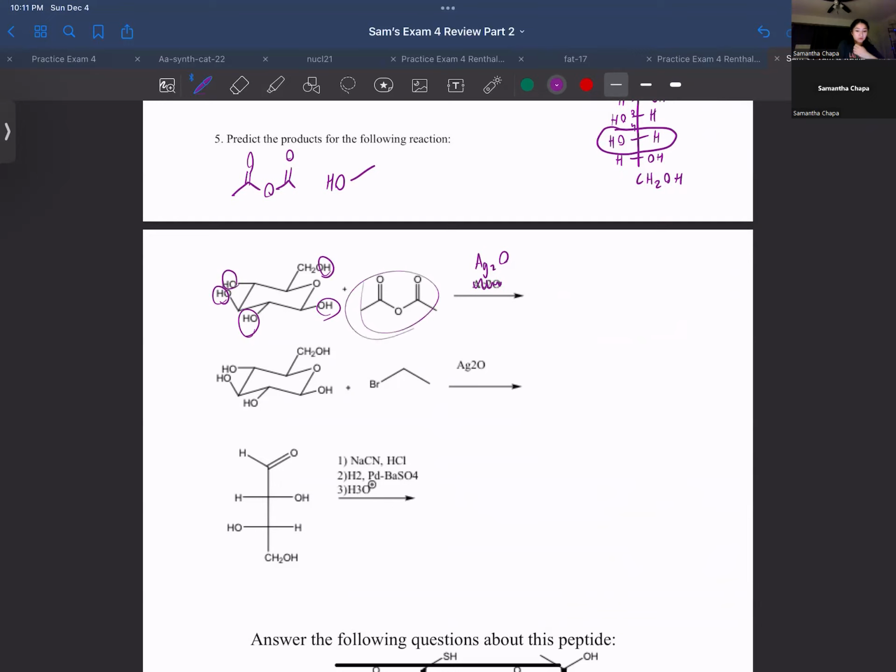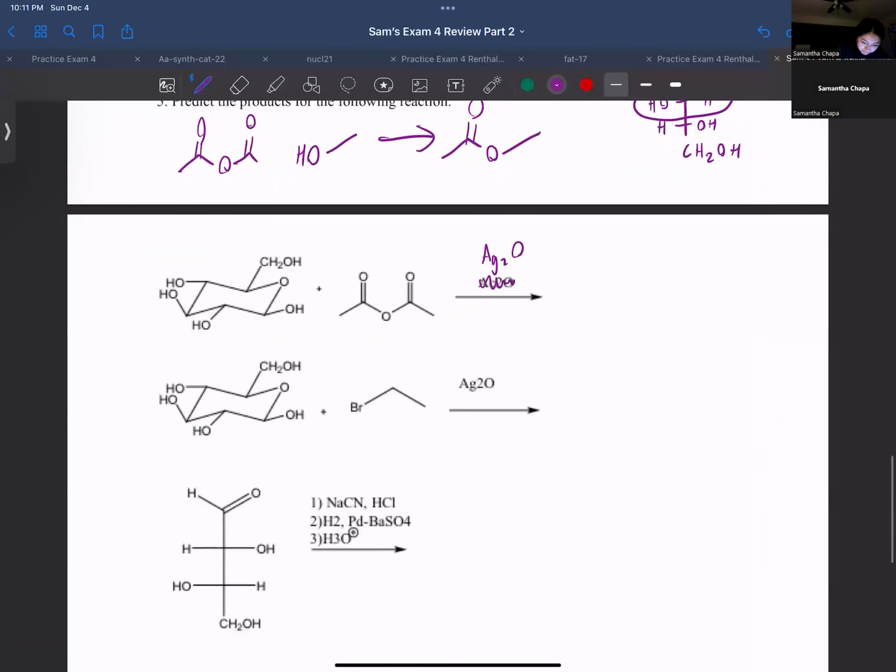We're reacting them with this whole anhydride, and we just get a substitution reaction. All of this is my good leaving group, it leaves and this hops in, so I get an ester. That means for all of these alcohols, all of them, I get an ester. So let me start writing it.